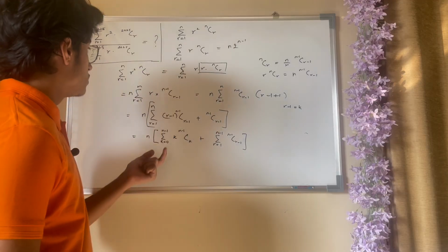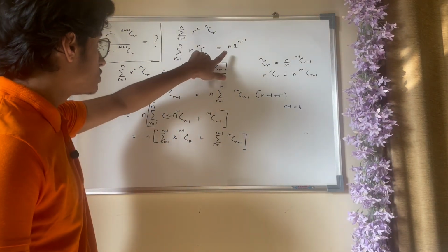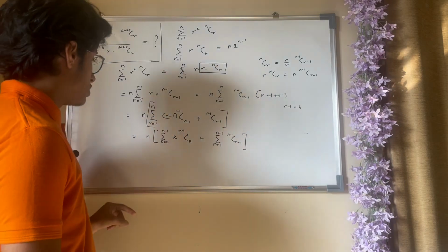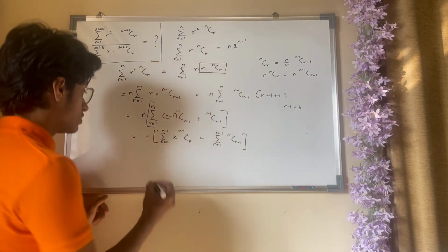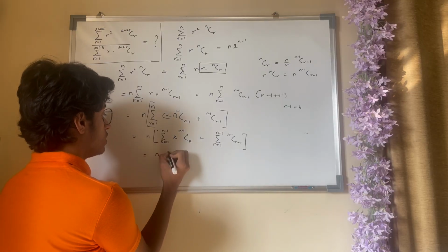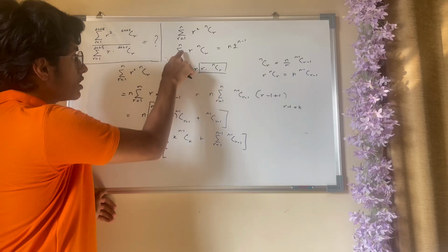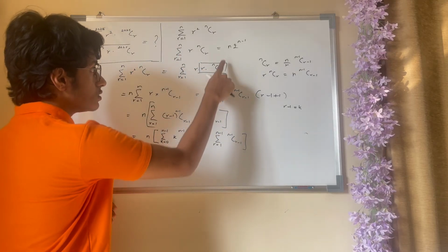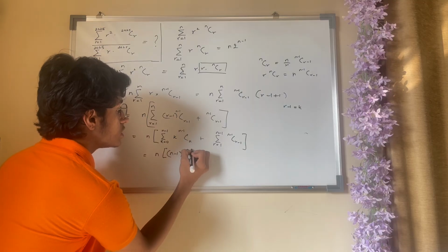Now the first summation is of this format with n replaced by n minus 1, so the answer would be n minus 1 into 2 power n minus 2.